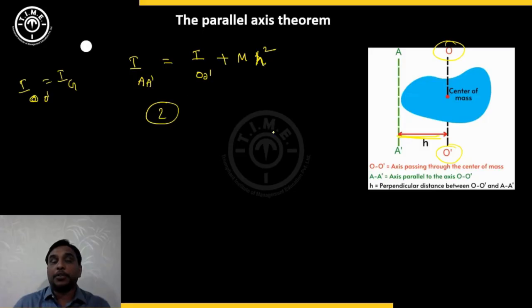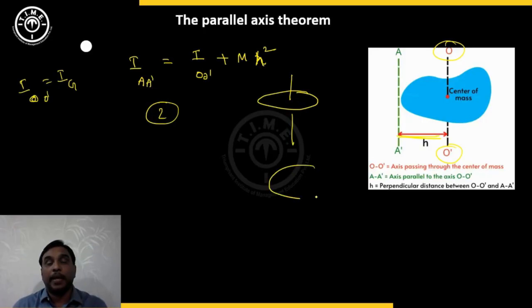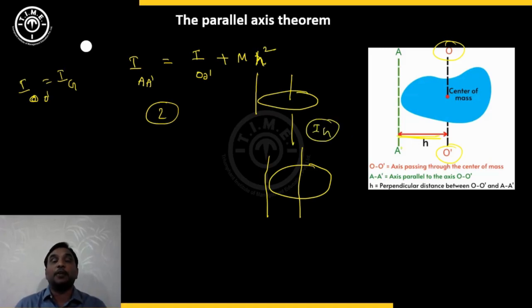Passing through the center of gravity means it may be perpendicular to the plane or parallel to the plane, it doesn't matter. You can calculate the moment of inertia about any axis which is parallel to the Ig axis, which is OO prime in this picture, passing through the center of mass, may be parallel to the plane, may be perpendicular to the plane.